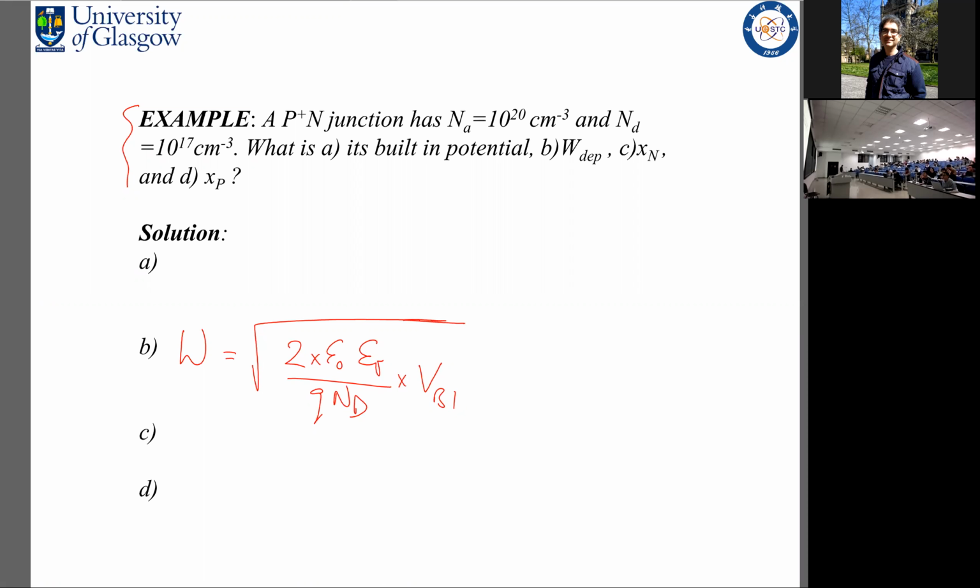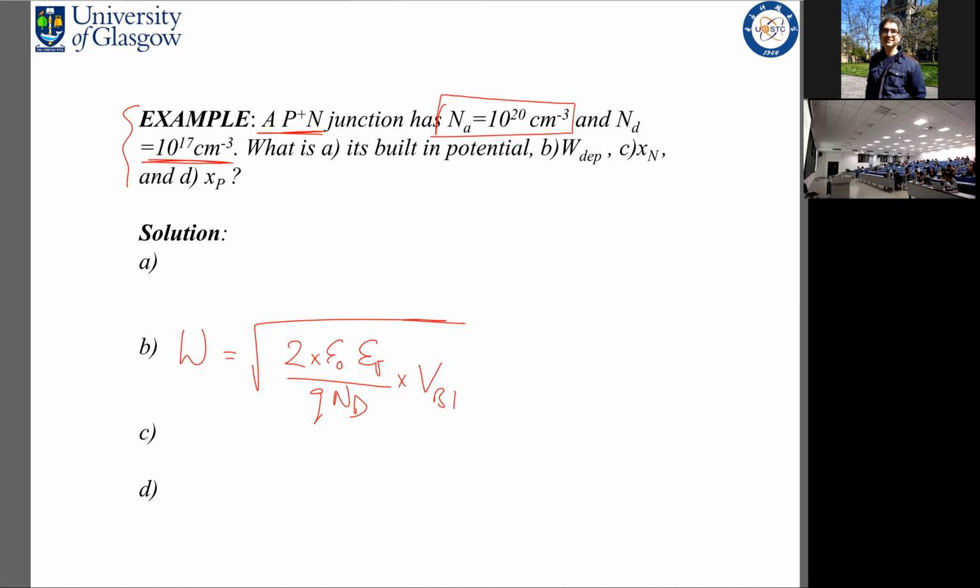I used this simplified notation because this is a P plus N junction. In this case, the acceptor concentration is much, much larger than the donor concentration.